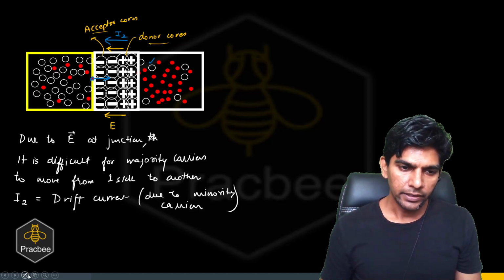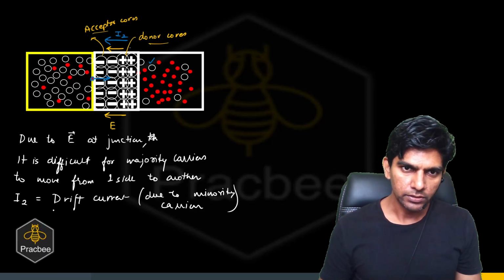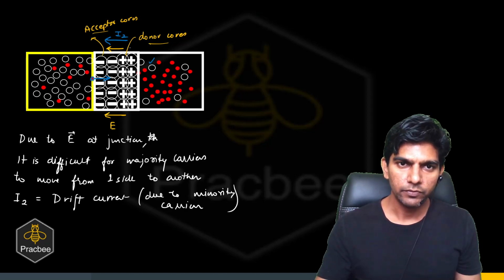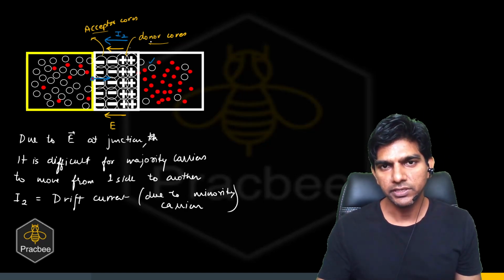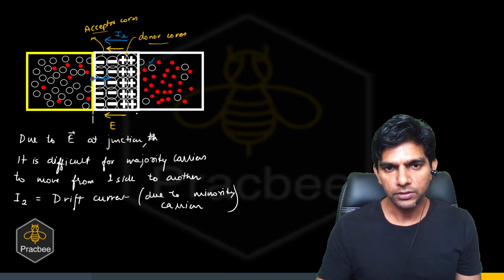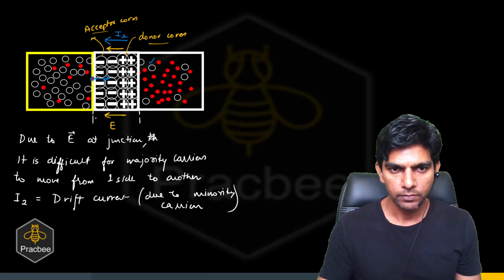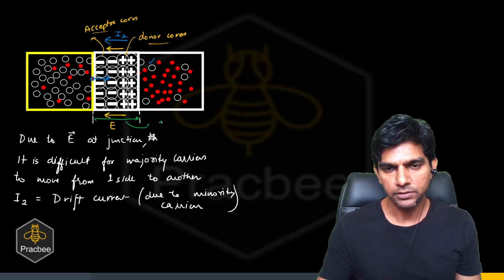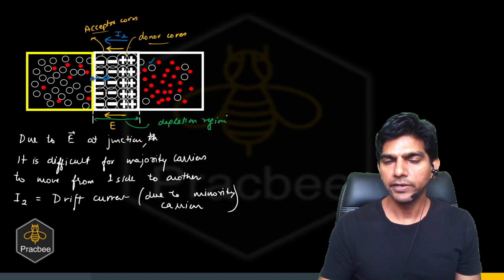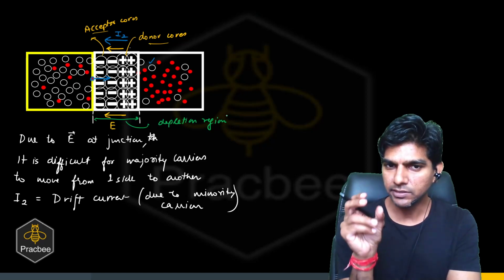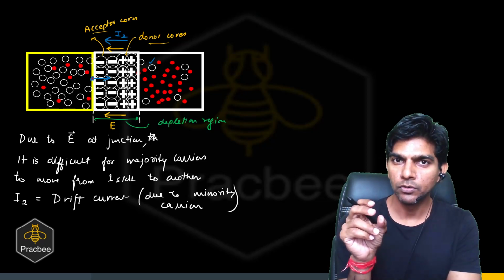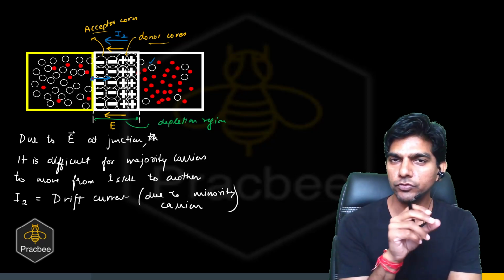And the region, this region where I have shown the acceptor cores and the donor cores, this region is known as depletion region. Why it is called a depletion region? Because this region is being depleted of its free charge carriers because of diffusion process.